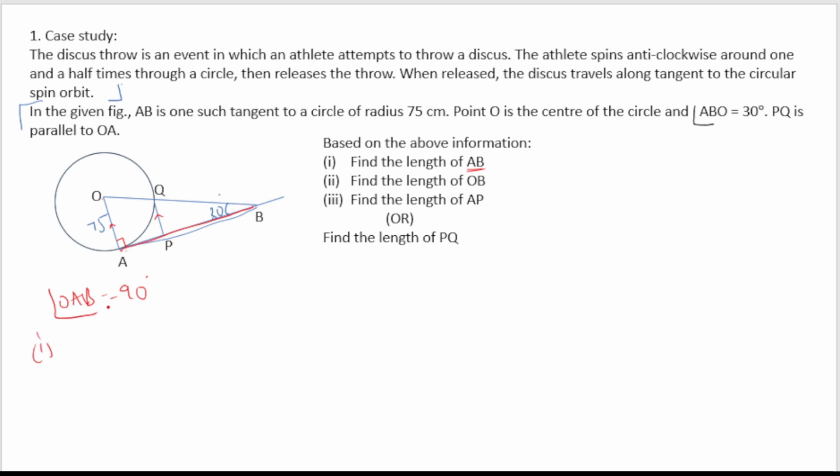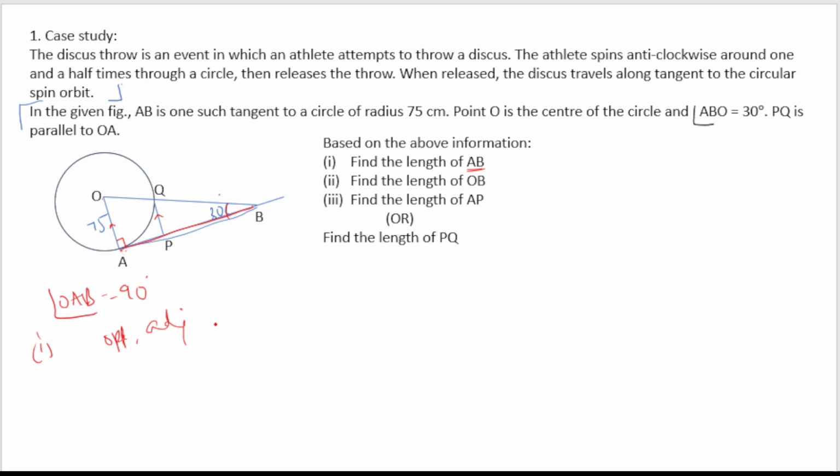The first one: we have here angle 30 degrees, and we have the radius, 75 centimeters. We have to find AB. We can use the trigonometric ratios to find the answer. For angle 30, OA is the opposite side and AB is the adjacent side.